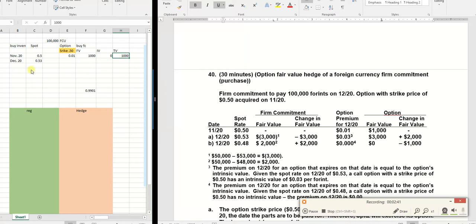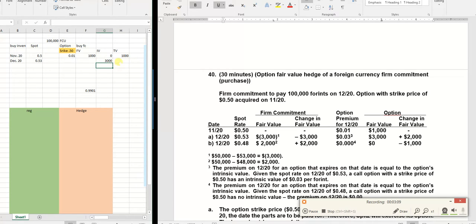Now I'm going to go to December 20th and do the same thing. Notice I'm not given a value there or there, but I can do my intrinsic value. Would I rather buy it for 50 or 53? I'd rather buy it for 0.50. So my intrinsic value is 0.03 times the 100,000. So my intrinsic value is 3,000. Let's put 3,000 in there.